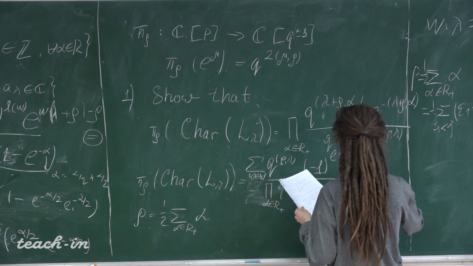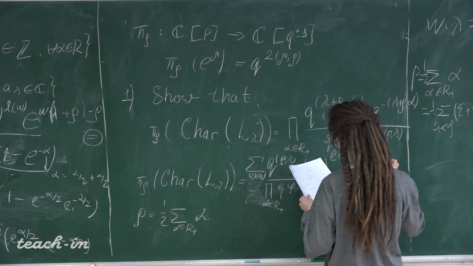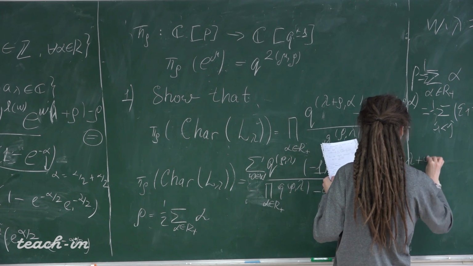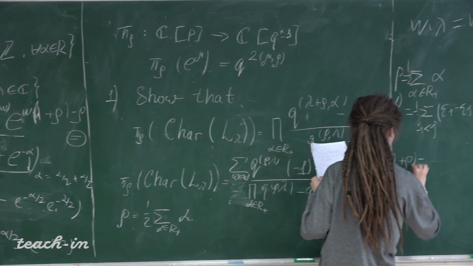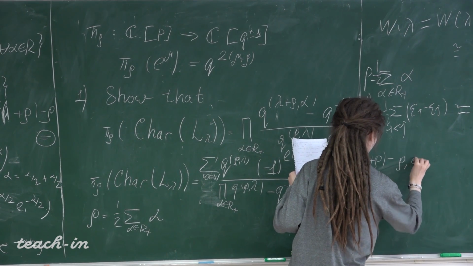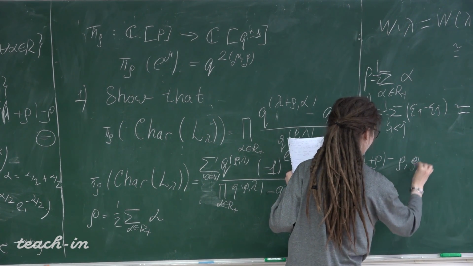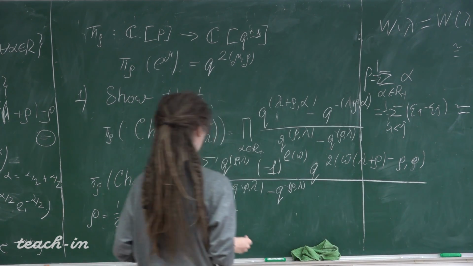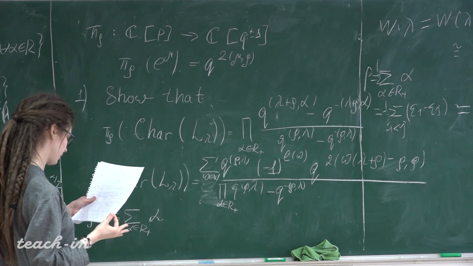Can I write it like this? At least now it will be rho minus rho, like this.